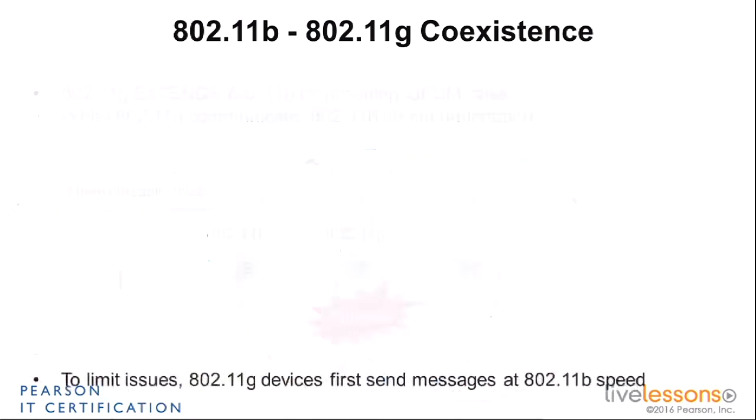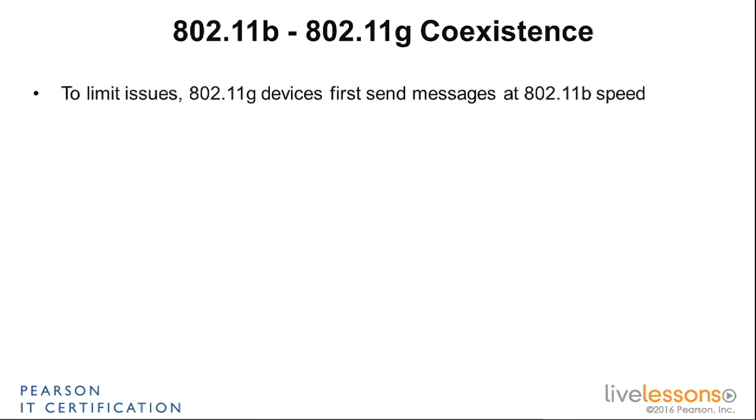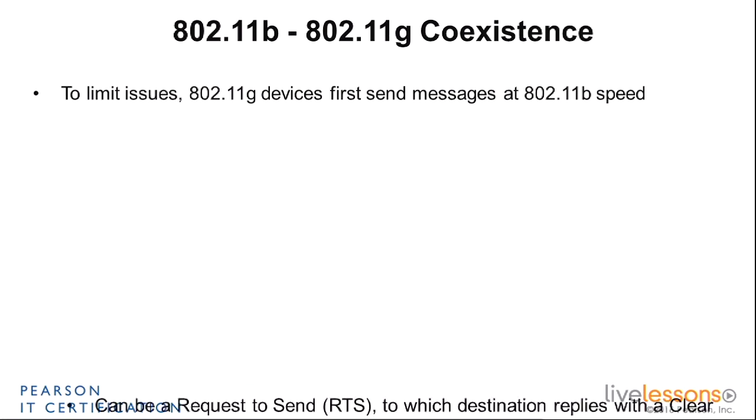So how do you solve that? Well, the idea of the 802.11 working group was to say, when an 802.11g device detects that there is an 802.11b device in the cell, or 802.11 for that matter, the 11g device is going to tell, at B speed, I am going to send a frame, and that's going to use RTS-CTS.